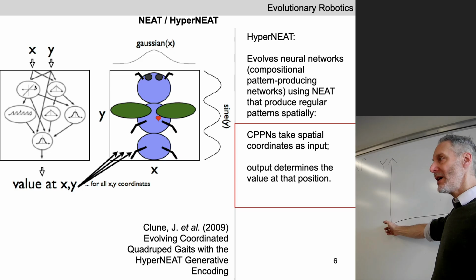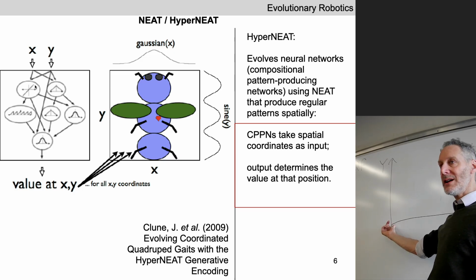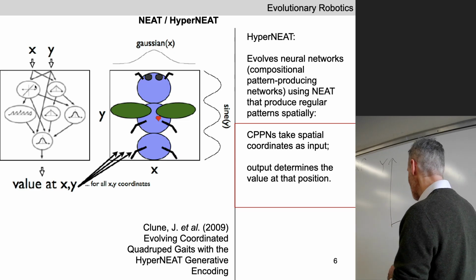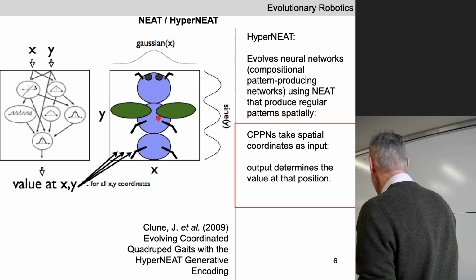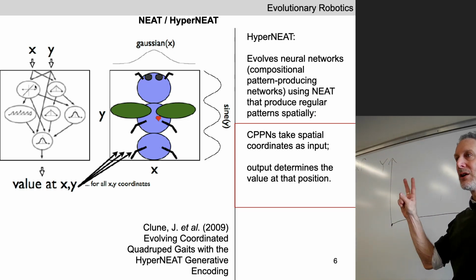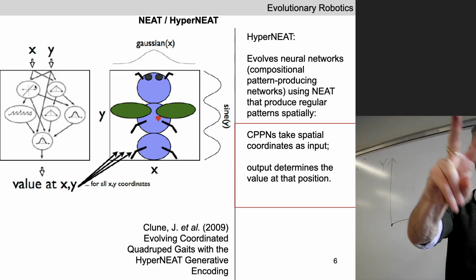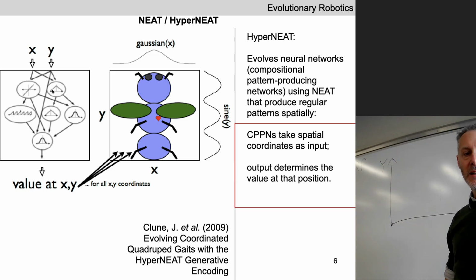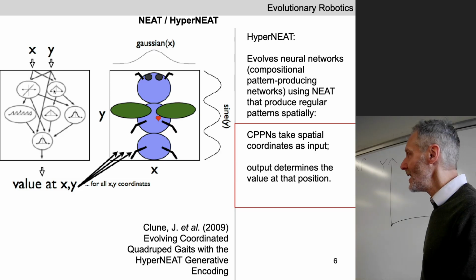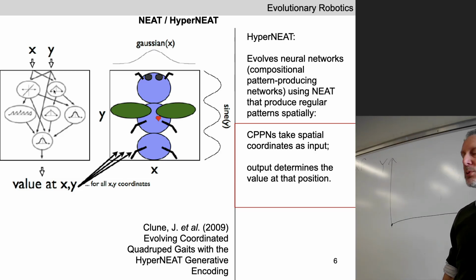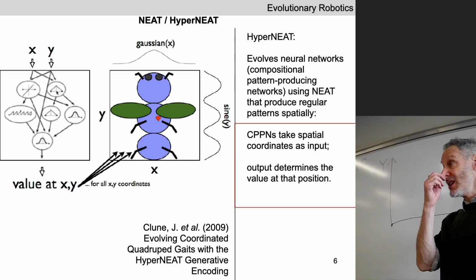And at every point, we're going to take the coordinates of that point. We're going to take the 2D coordinates of that point, which at the beginning, the first time we do this, is going to be 0, 0. We take those two values and plug them into the two input neurons. So what is the input to a CPPN? The input to a CPPN are coordinates. We're going to feed in 0, 0 here.